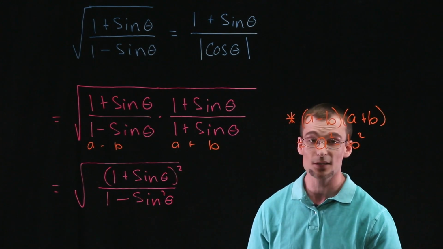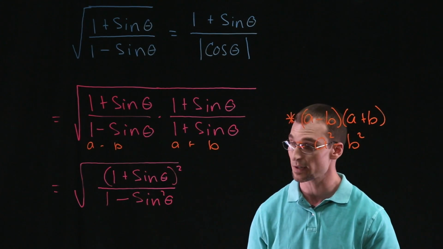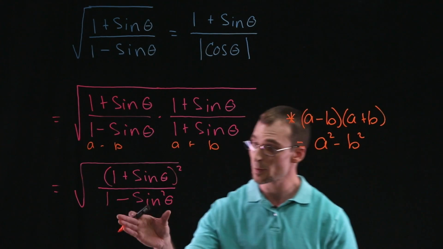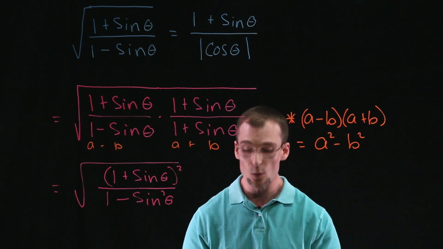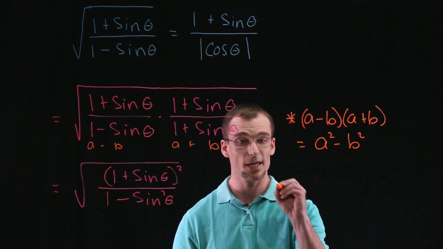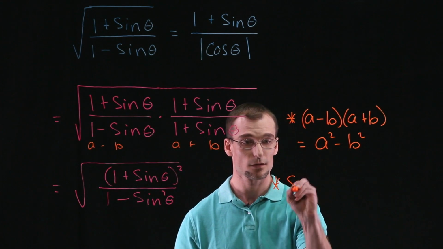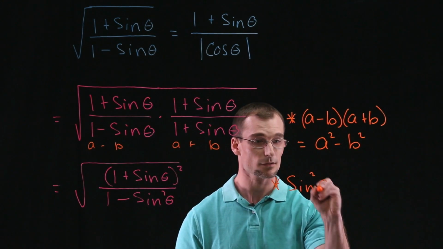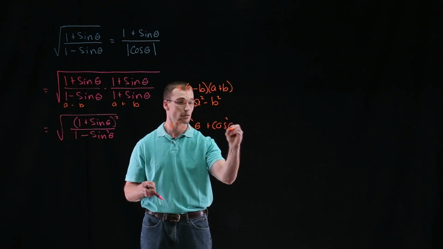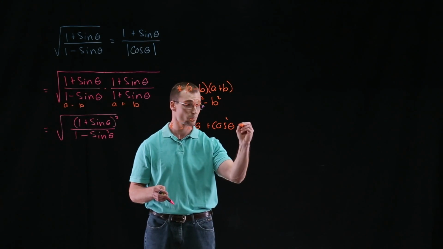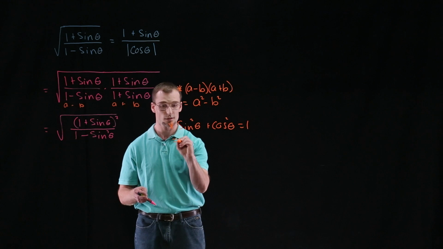We see 1 minus sine squared theta, which in the last section popped up a lot. Whenever we see 1 minus sine squared theta, or 1 minus cosine squared theta, what we ended up using was our Pythagorean identity, namely sine squared theta plus cosine squared theta equals 1.